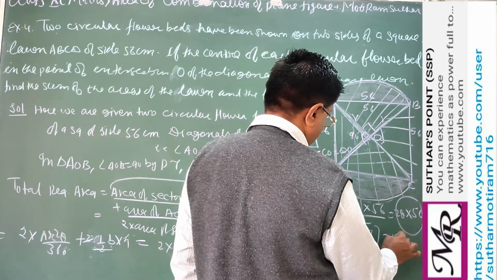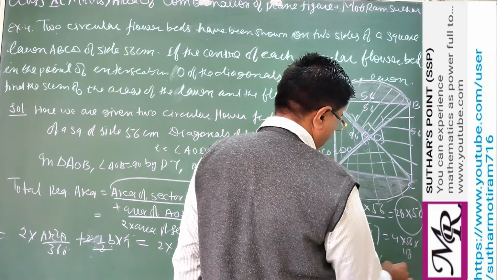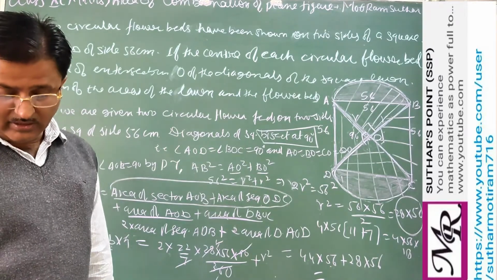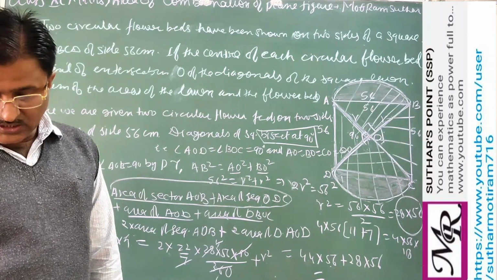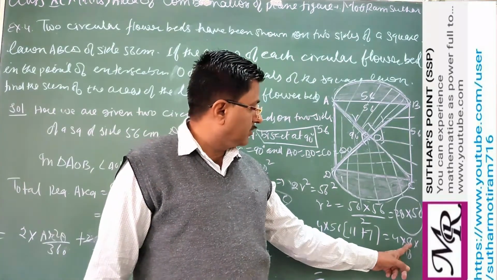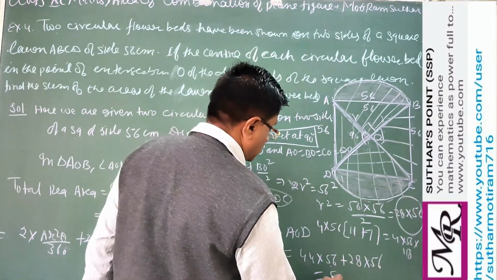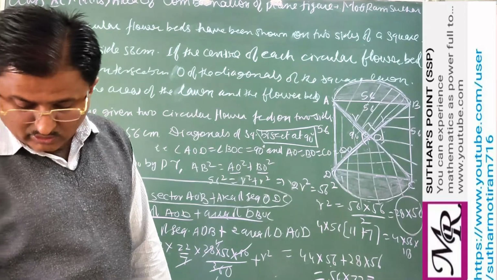Now you multiply, you get the answer: 4 into 56 into 18. If you multiply, that will be 56 into 72, 4 into 18 for the 72.